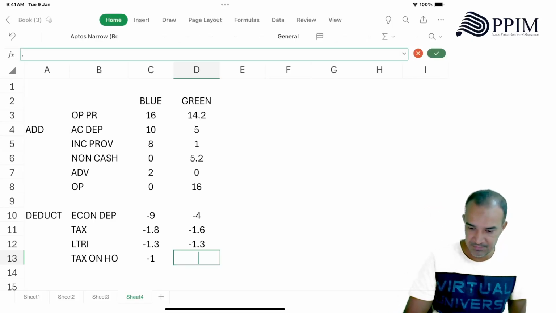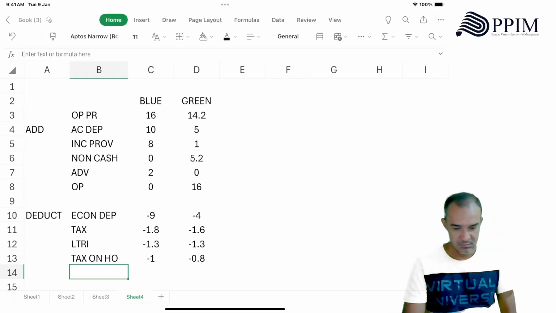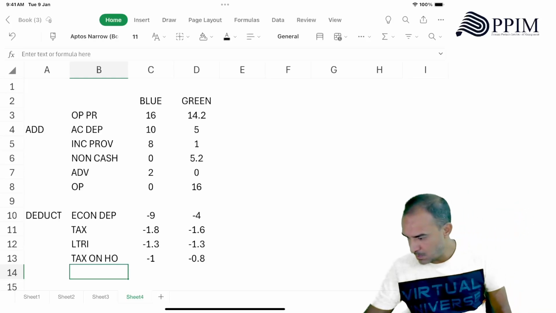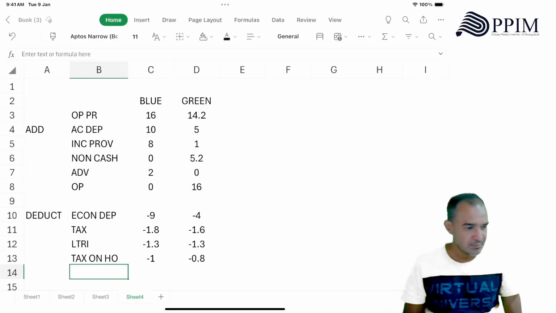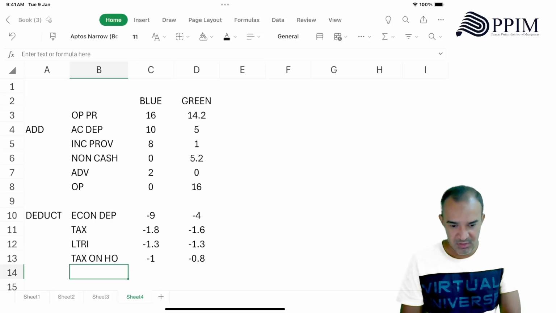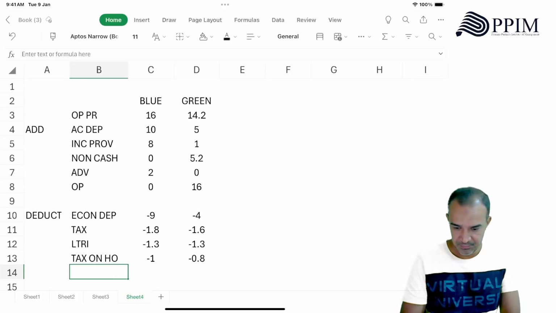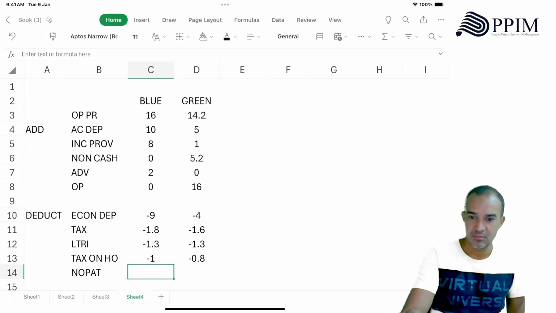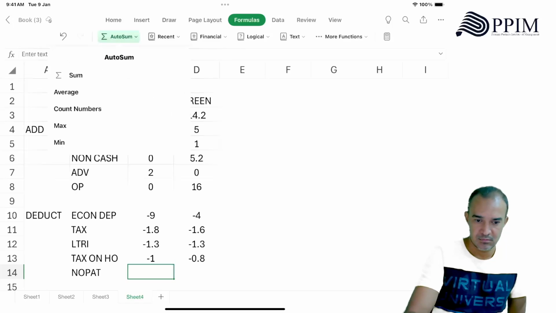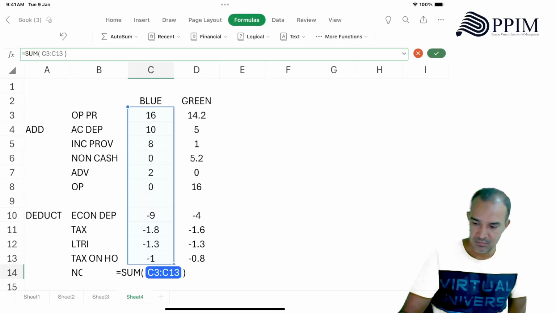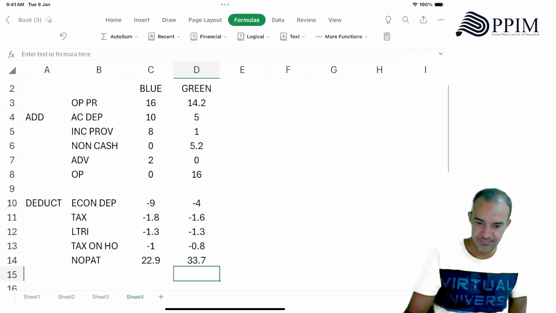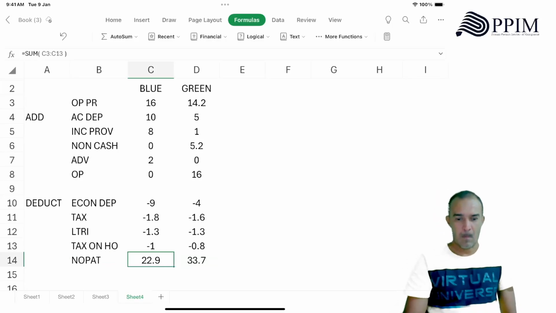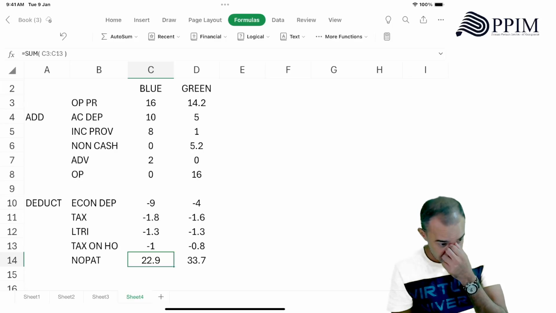So you can take it as 0.8. So that should give you $22.9 and 33.7.